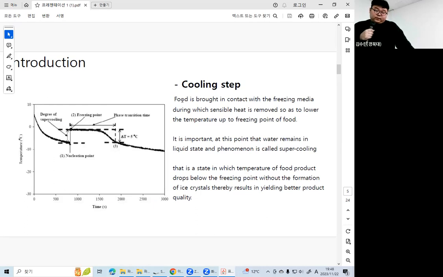It is important at this point that water remains in the liquid state, and the phenomenon is called supercooling. That is the state in which the temperature of the food product drops below the freezing point without the formation of ice crystals, thereby yielding better product quality.